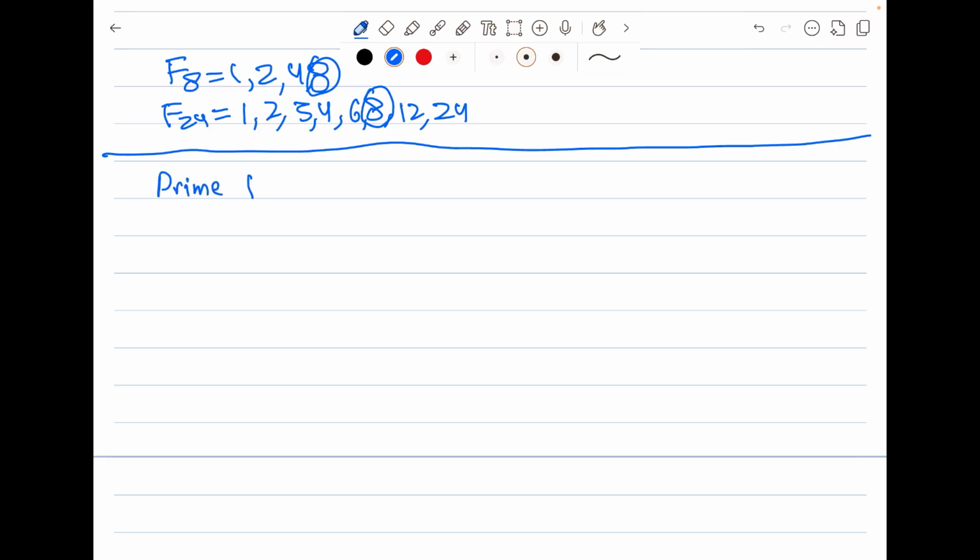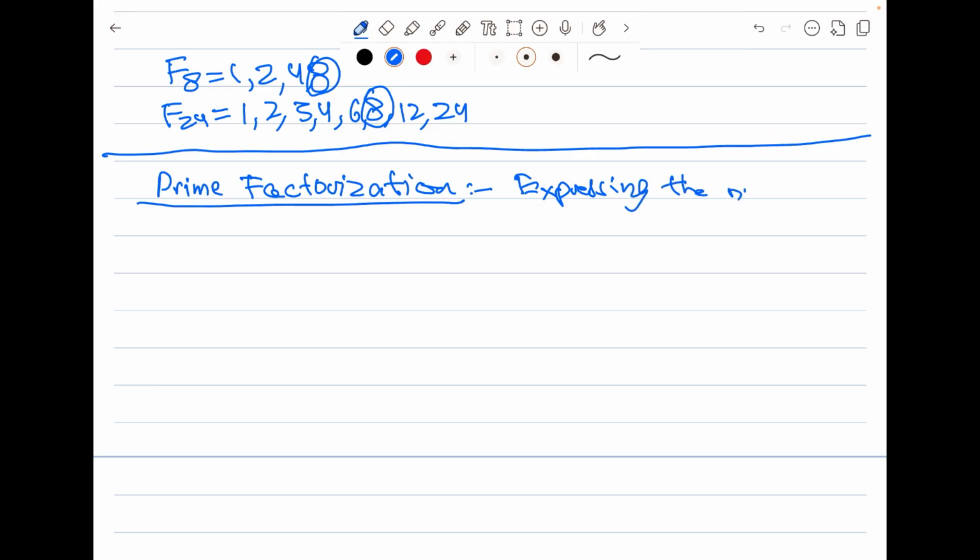The prime factorization of any number, which is to say expressing the number as a product of its prime factors.